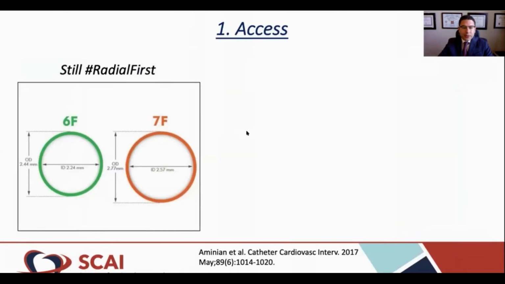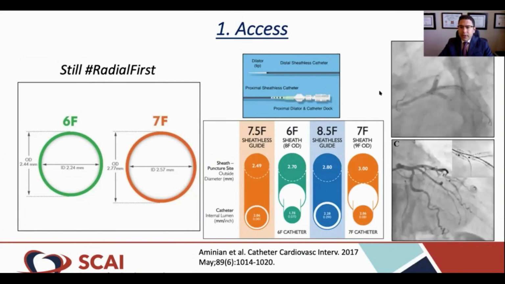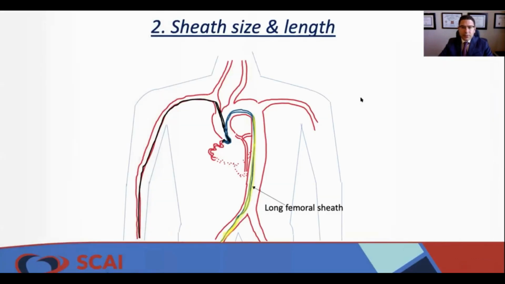Let's start with access. Most of us think about femoral access in tortuosity, but very gradually we're shifting towards radial access with the advent of thin-walled sheaths, 7 French sheaths, especially with the sheathless systems, up to 8.5 French sheath and a 2.8 millimeter radial, which allows us to do complex trifurcation, bifurcation, distal left mains from a radial access with a 7 French sheath.